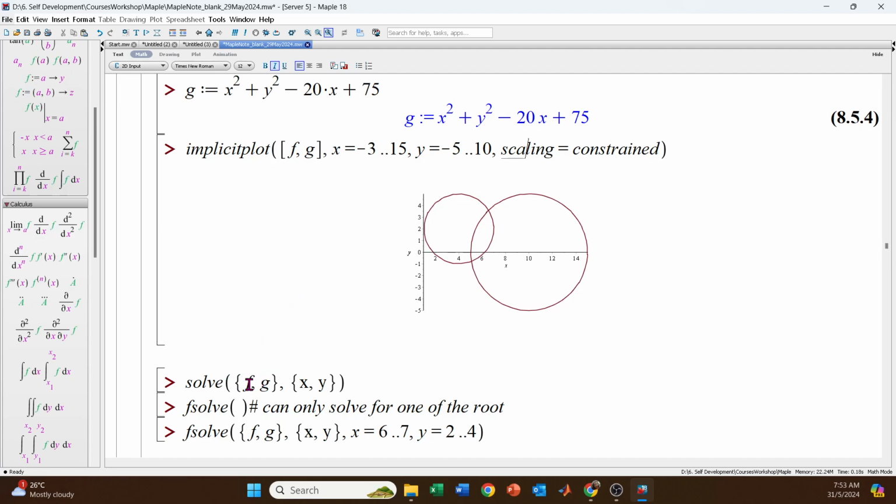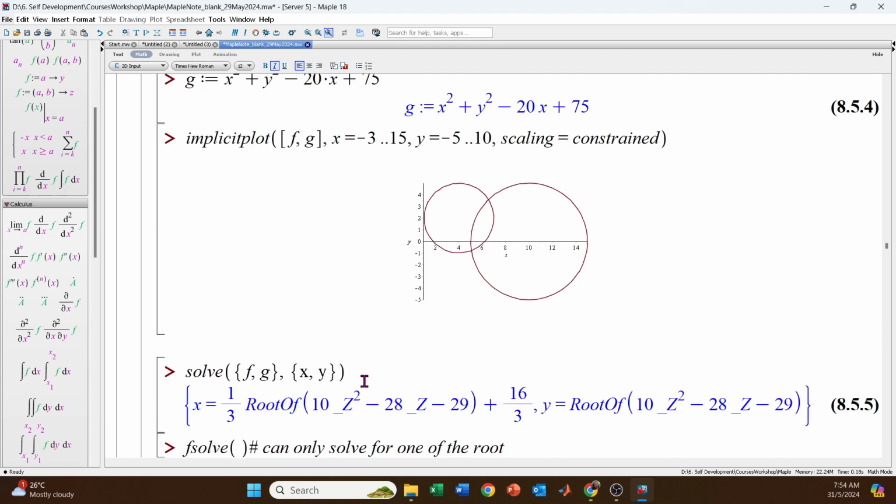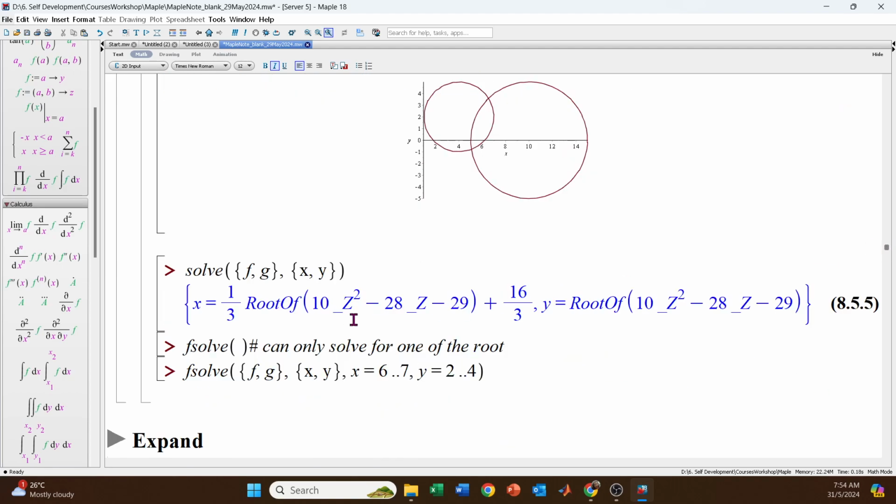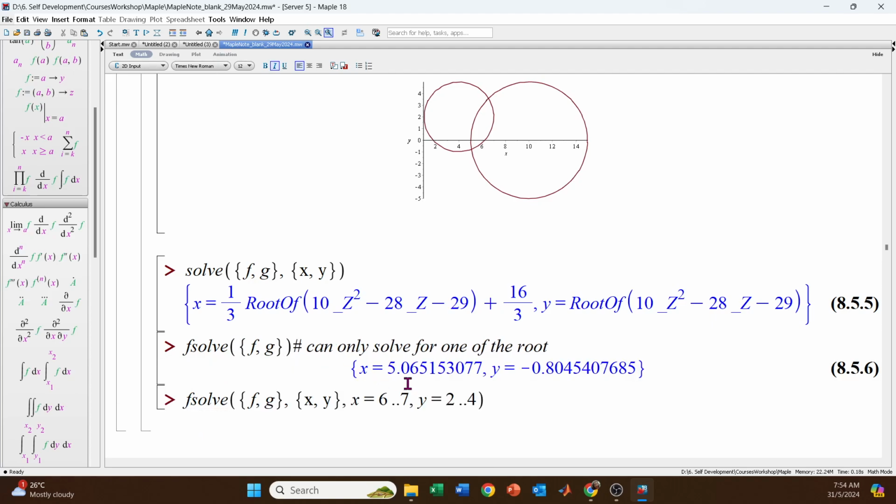Then we solve f and g. If you use solve, again, because this is a non-linear system, it gives you something like this. The correct one is to use fsolve on f and g. It gives you only the first root, where x is between 4 and 6.